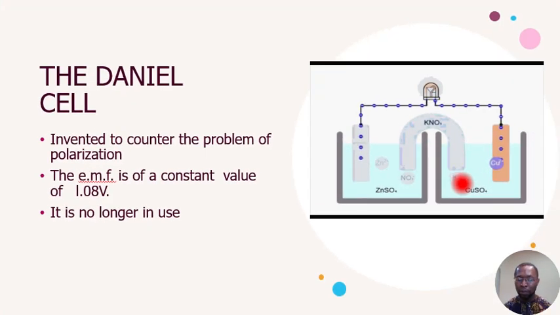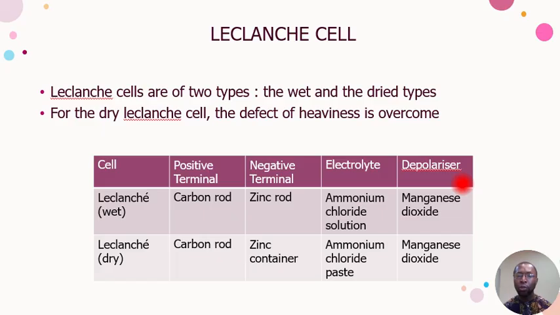So having said that about the second example of primary cell, let's talk about the third one, and that is the Leclanché cell. The Leclanché cell is of two types, the wet one and the dry one. They are made up of almost the same components. Okay, when it comes to the positive electrode, the wet Leclanché cell has a carbon rod, and the dry one also has a carbon rod as the positive electrode.